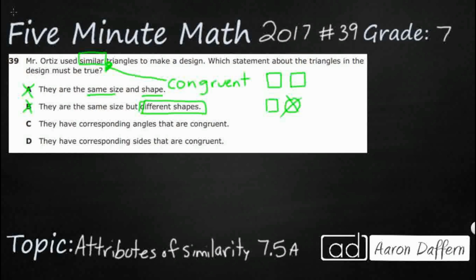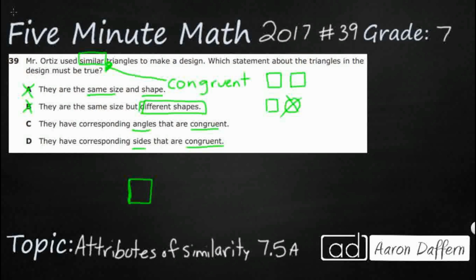They have corresponding angles, and they have corresponding sides that are congruent. So we are going to use this term, but let's see what both of those look like. All right, so corresponding angles that are congruent. Let me go back to this square. Since a square is easy, all 4 sides are always the same length.